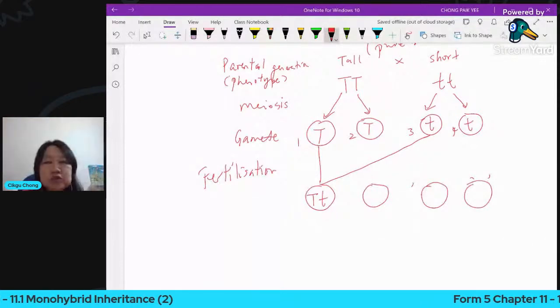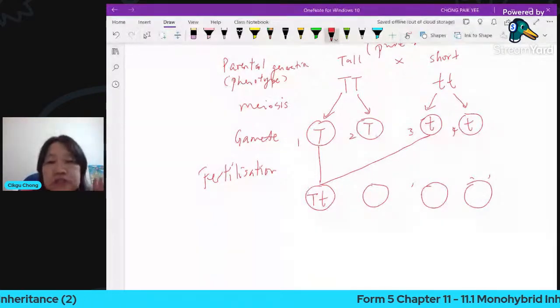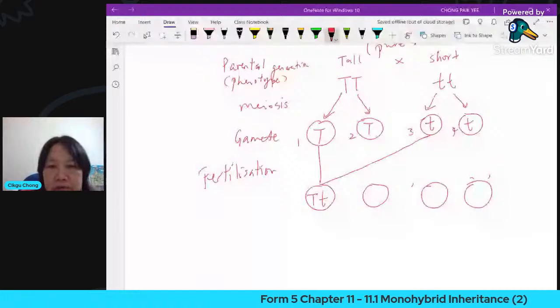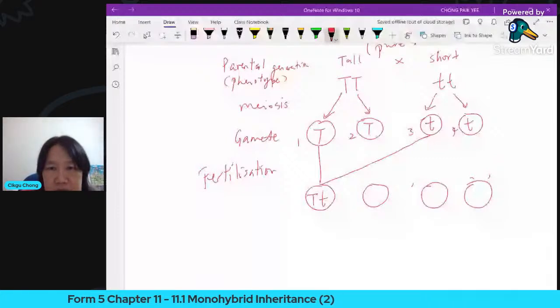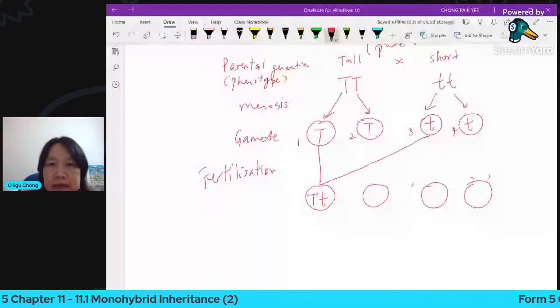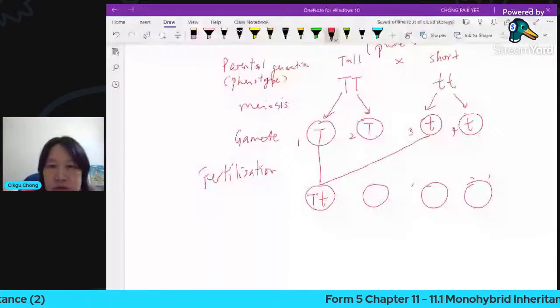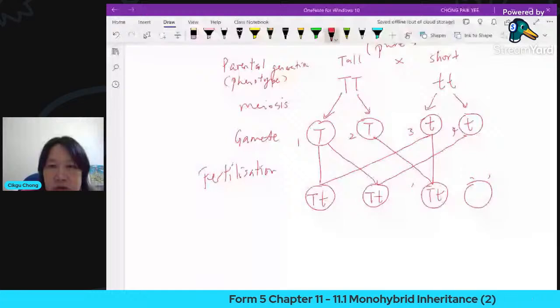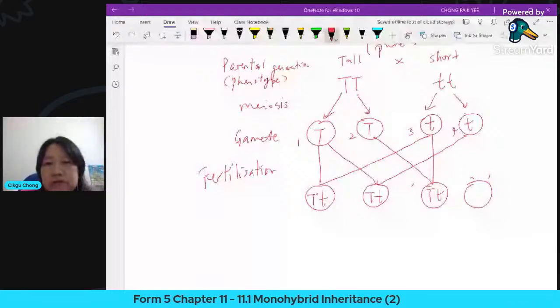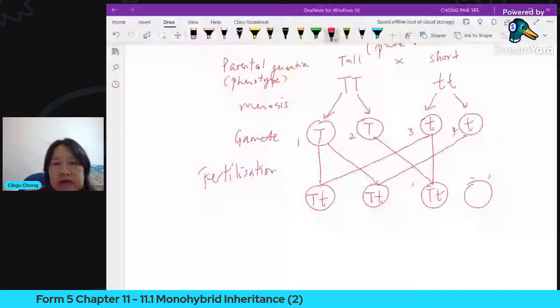So 1, 3, draw. Then 1, 4, draw, capital T. Then 2, 3, draw. And 2, 4, draw. Okay, 1, 3, 1, 4, 2, 3, 2, 4. Now this is your F1 generation. Write this down at the side.